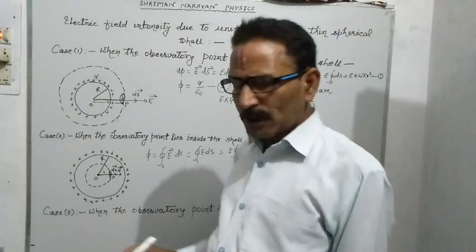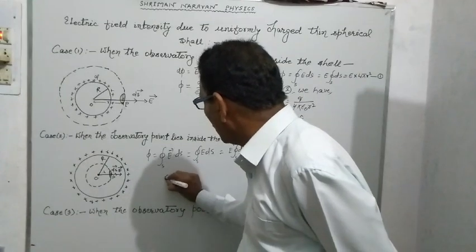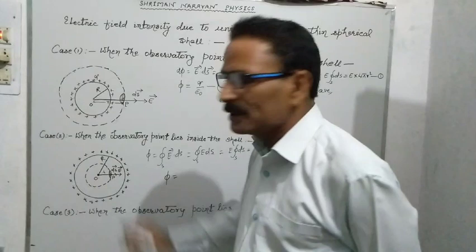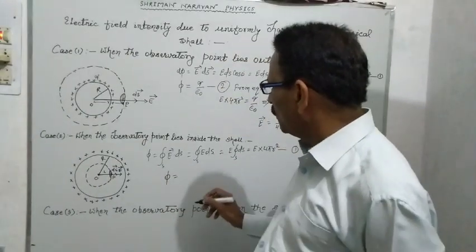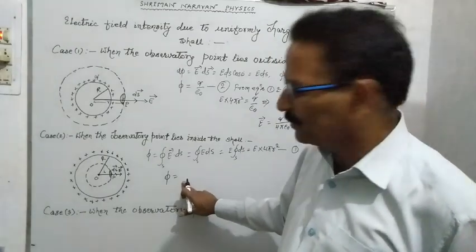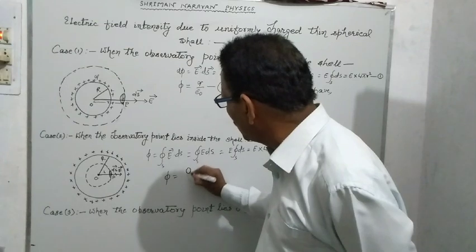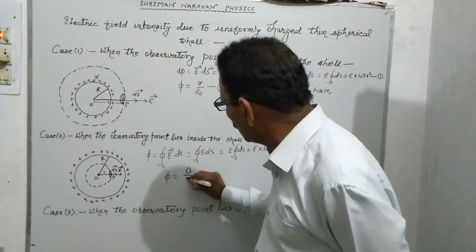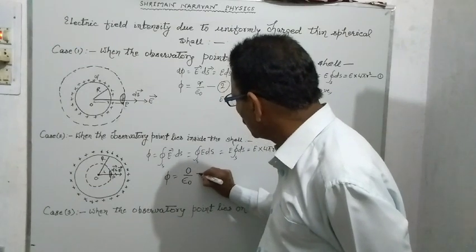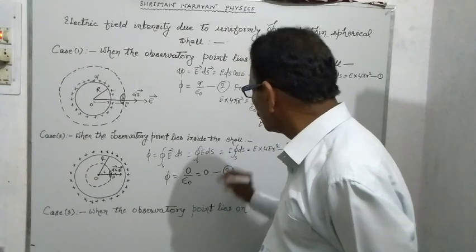Now we are going to apply the Gauss law. From Gauss law, the electric flux associated with this Gaussian surface will be phi equals charge divided by epsilon 0. But the charge enclosed by the Gaussian surface is 0, so we write 0 divided by epsilon 0, and it will come equal to 0. Let us take this as equation number 2.